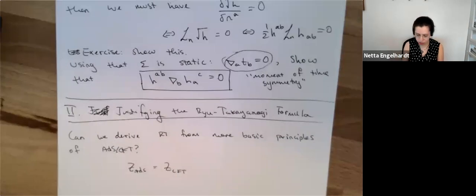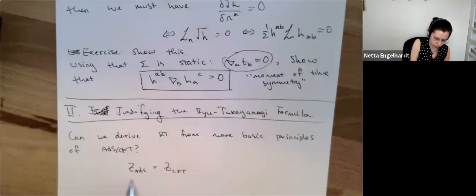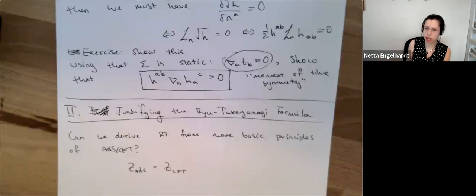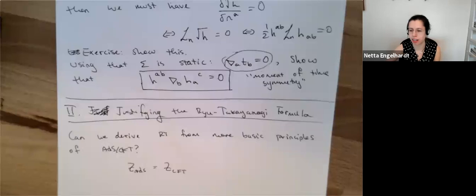So can we derive this starting out from the equivalence of the partition functions, or, given that this is a classical formula, from the equivalence of Z_CFT with some saddle point approximation of the gravitational path integral, e to the minus the on-shell gravitational action? Derive is a strong word for what we're going to do, but I would say strongly motivate is maybe the correct term here.